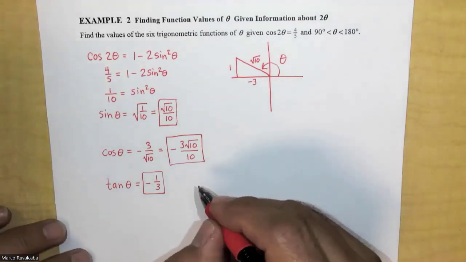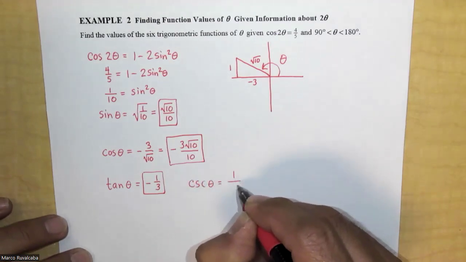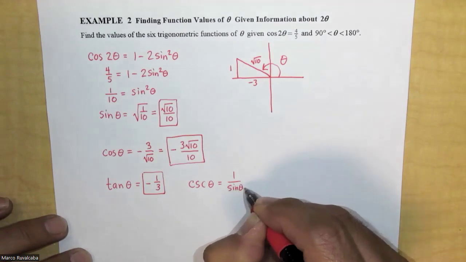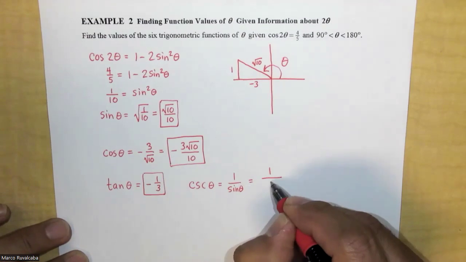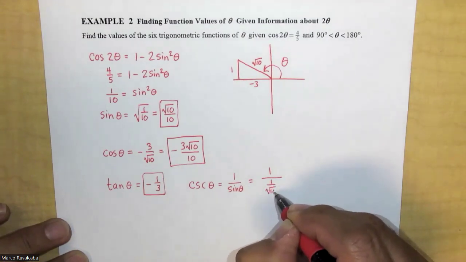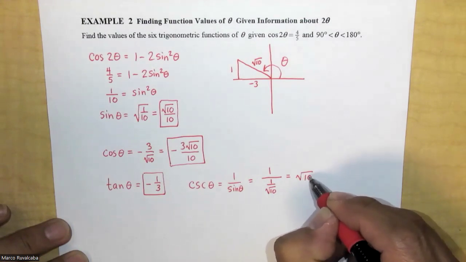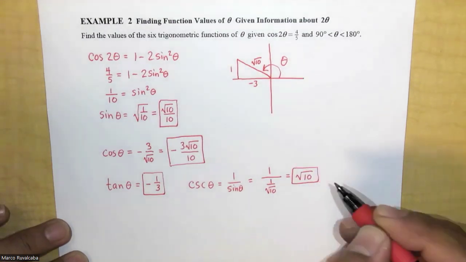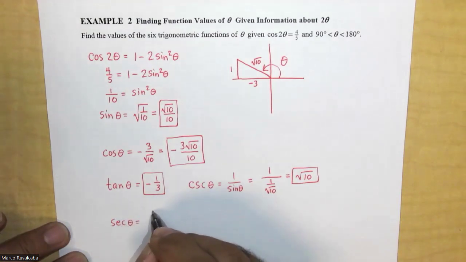And then the other ones are just reciprocals of those, right? So let me just write them here. Cosecant theta is 1 over sine theta. Sine theta is 1 divided by the square root of 10. And so that reciprocal is the square root of 10. And secant theta is the reciprocal of cosine theta.